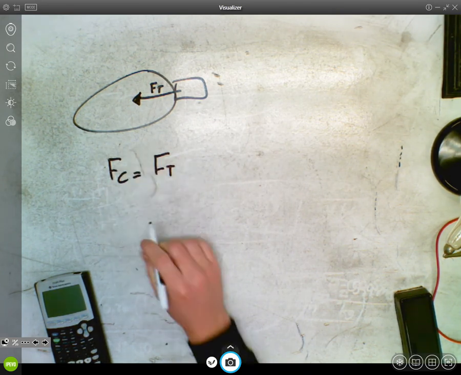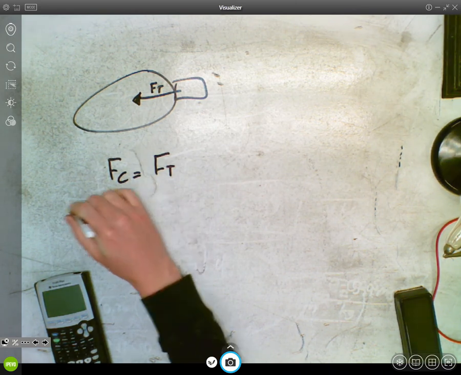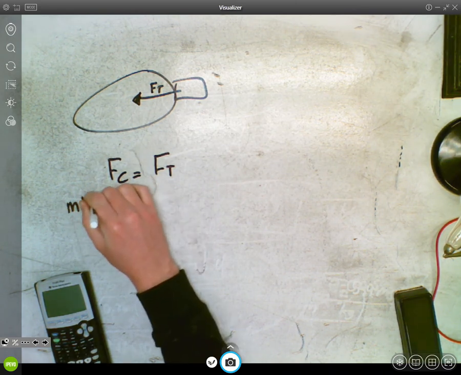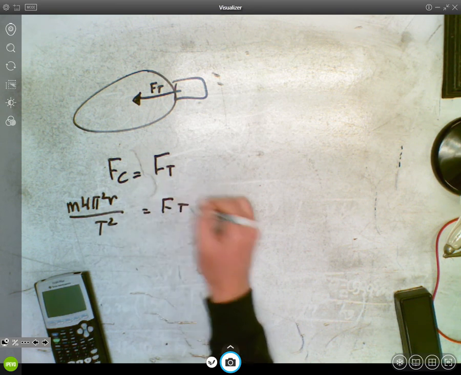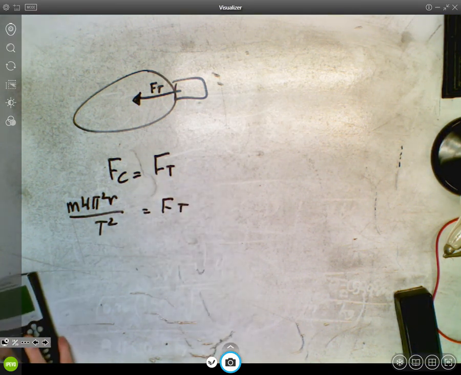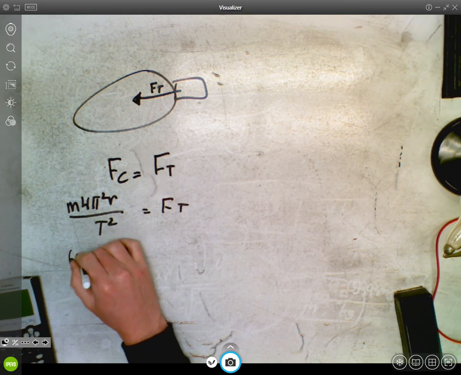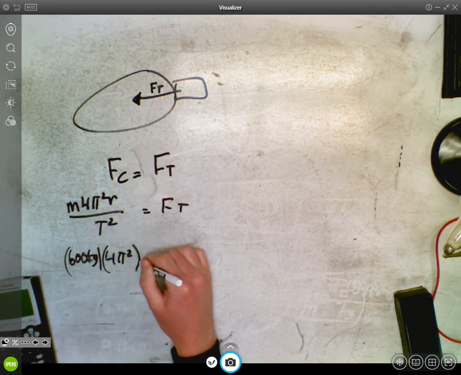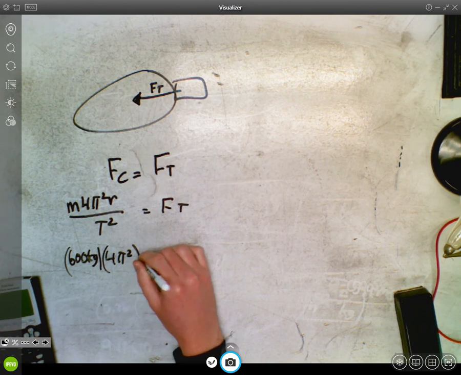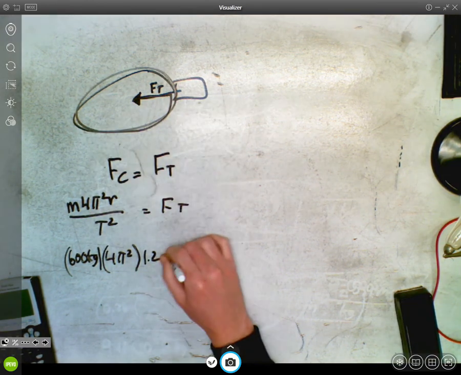We can break this down. So we don't have a speed, and we're not trying to find a speed. So we have to use that m 4 pi squared r all over T squared formula, and that's going to equal F_T. And that's all you have to do. So my mass is 600 kilograms times 4 pi squared. My radius is 1.2 meters, because the length of the rope as it's going in a circle is going to be your radius.